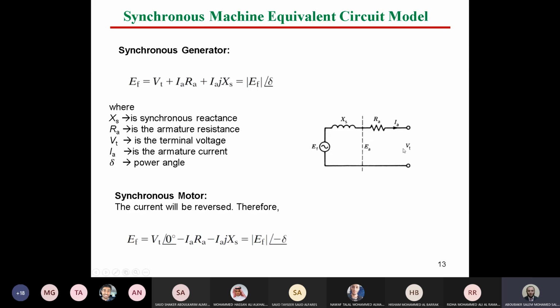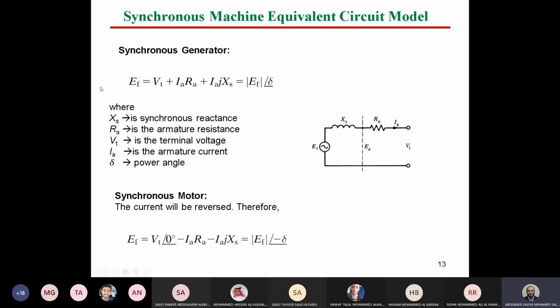Of course, XS, because it's inductance, is an imaginary part, so we have to add J here, which represents 90 degrees. So this is now the relation, and the resultant vector will be magnitude EF at angle delta. We will call this angle the power angle. Later, inshallah, we will see why we call it power angle.